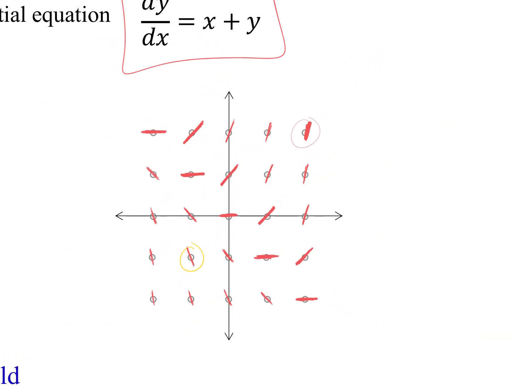So depending on where you enter this slope field, you will have to follow the path that the slope field is creating for you. We always enter like we read a book, left to right. So suppose we entered right in here.